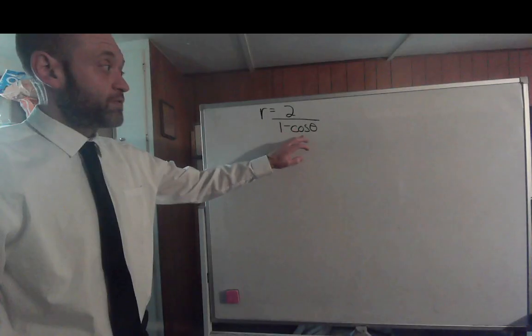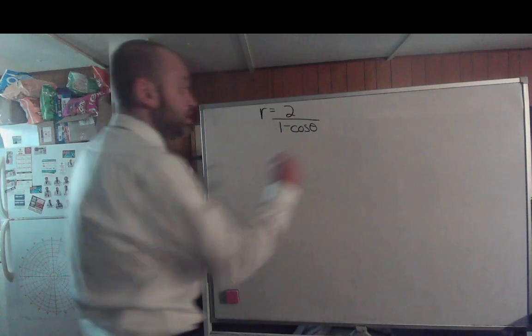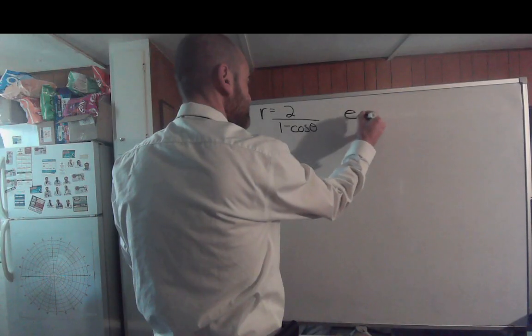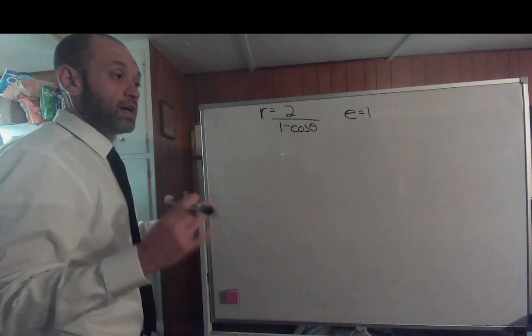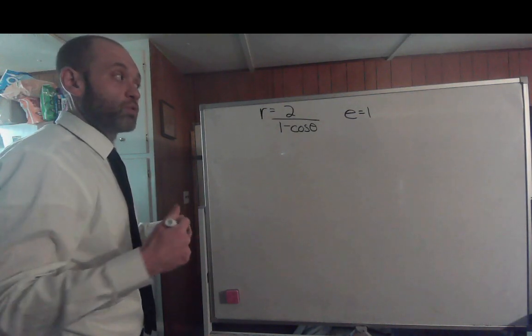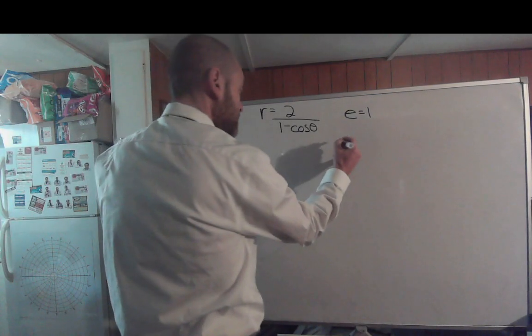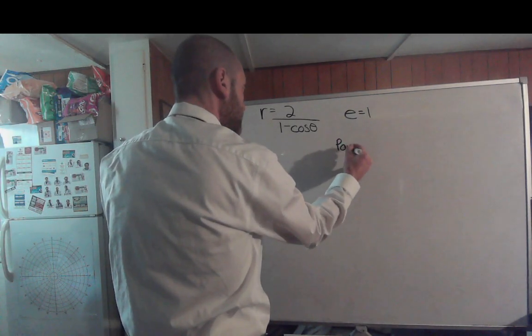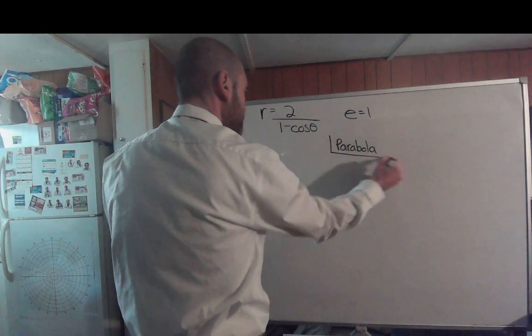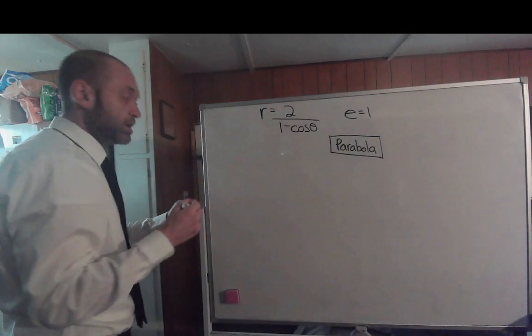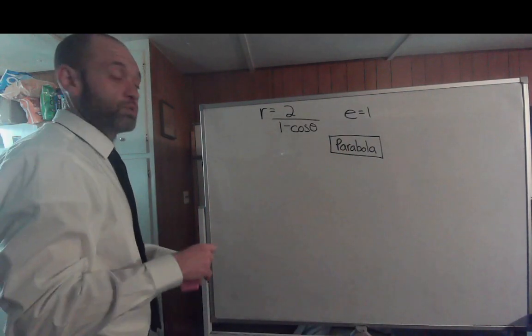The coefficient on the cosine is 1, so this conic section has an eccentricity of 1. A conic section with eccentricity equal to 1 is a parabola. So we can easily identify this conic section as a parabola. That's exactly what you would have. This is a parabola. Let's do another one.